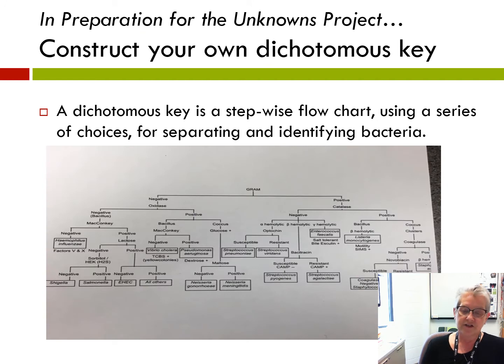This slide just shows a simple dichotomous key used for identifying bacteria. This is just pulled off of the internet, and you can see it's a stepwise chart consistently asking yes, no, positive, negative until each bacteria is identified.